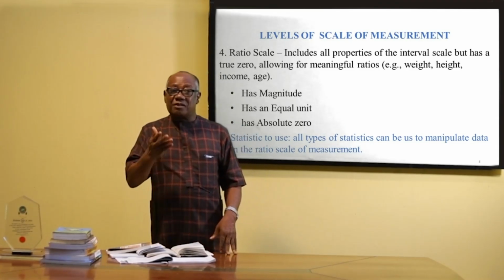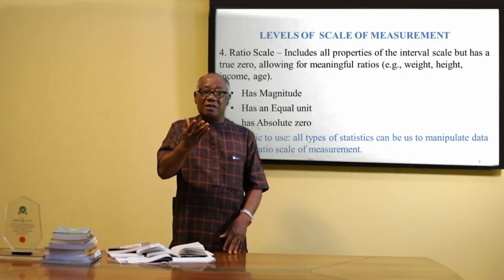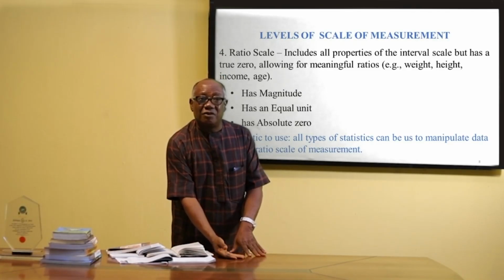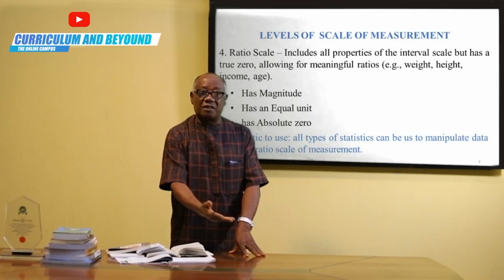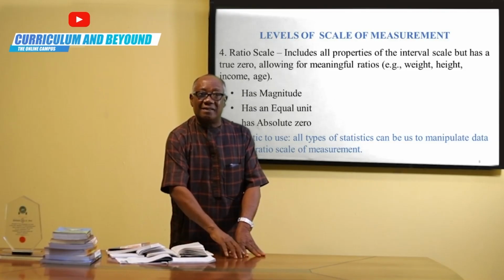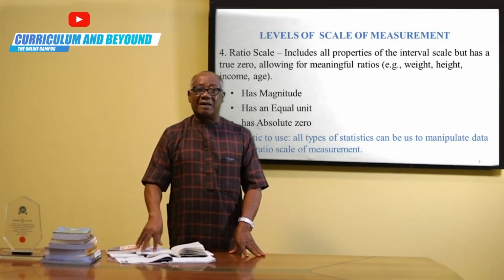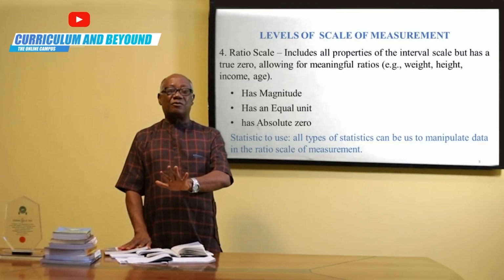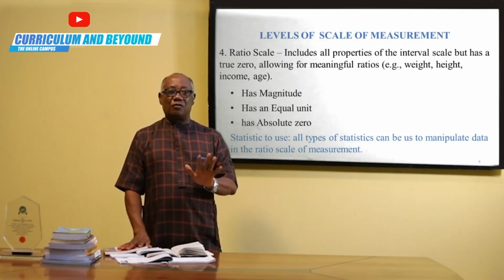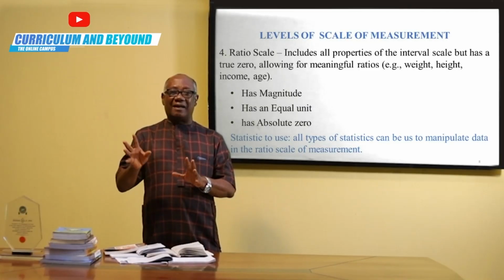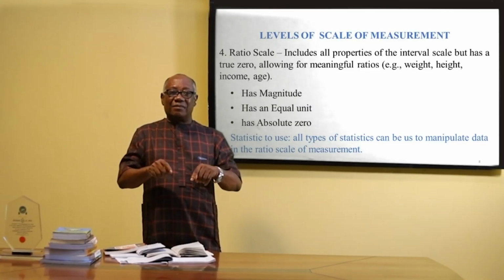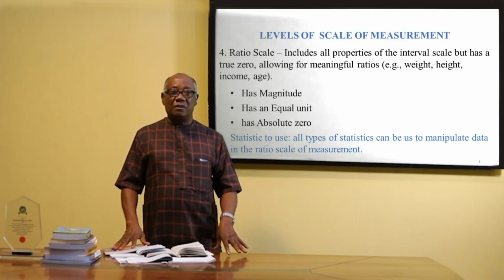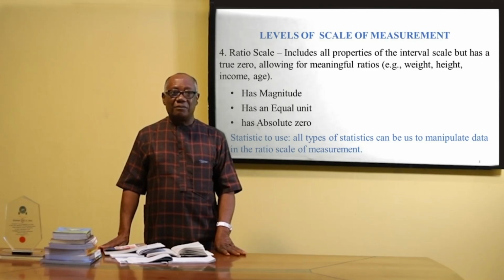If you bring a piece of paper that has no weight and put it on the measurement scale, it shows nothing because no weight exists at that place. So that is why you say it has absolute 0. Now, you can use all types of statistics to manipulate data collected at the ratio scale level.